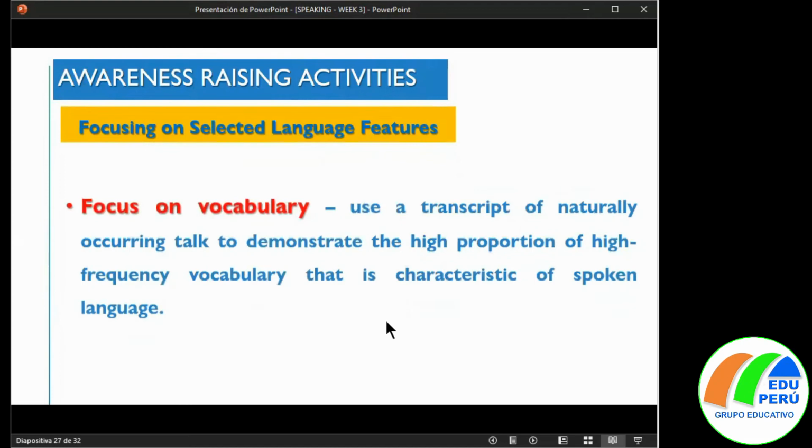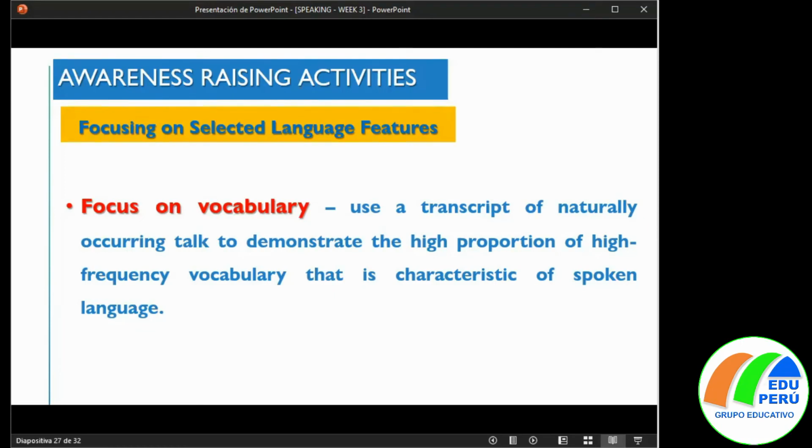The other one is focus on vocabulary. Use a transcript or naturally occurring talk to demonstrate a high proportion of high frequency vocabulary that is characteristic of spoken language. Try to use your students' transcripts with naturally occurring talk.